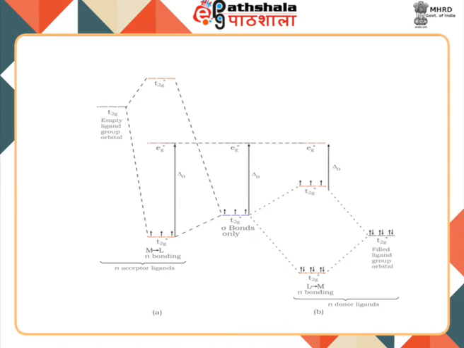When we talk about pi acceptor ligands, the delta naught value is drastically enhanced, whereas with pi donor ligands, the value is drastically reduced. Hence pi acceptor ligands basically form low spin complexes, since the complexes are formed from ligands which do not have the tendency to cross the delta naught barrier.